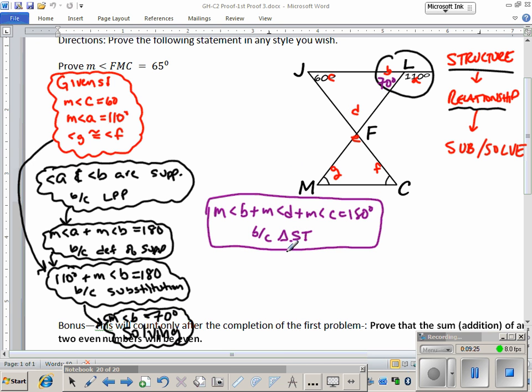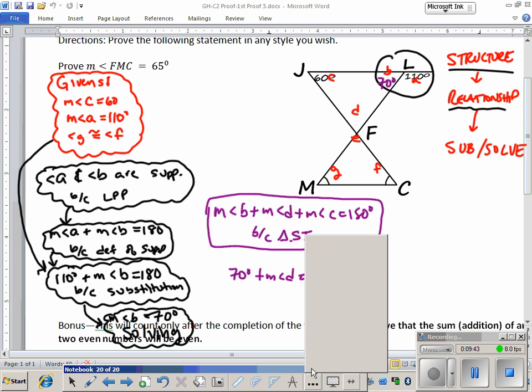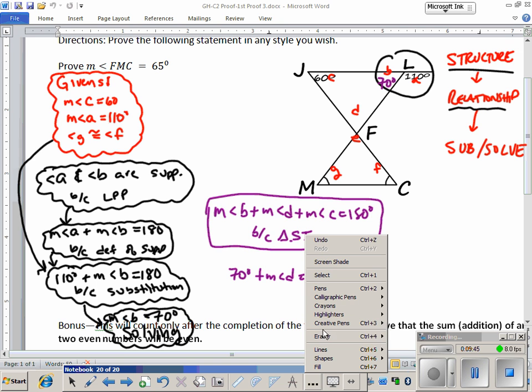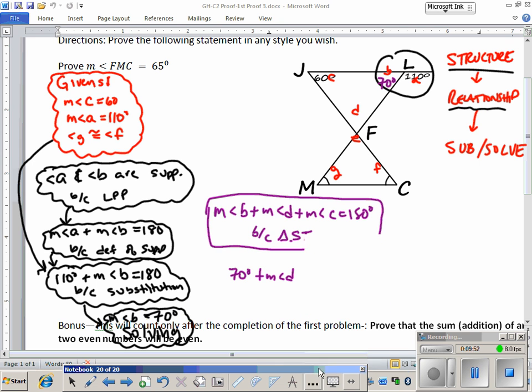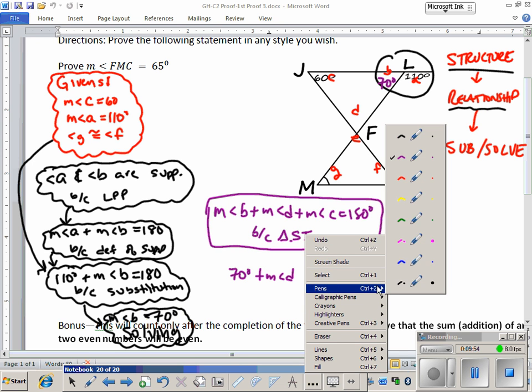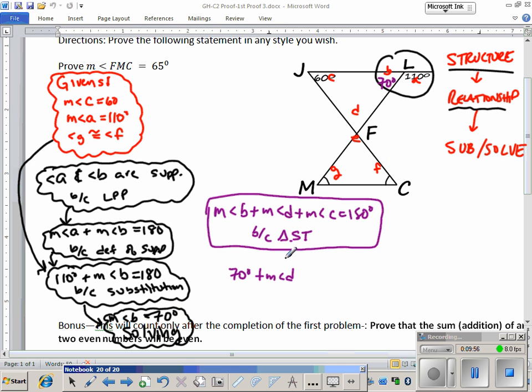Well, now I have a relationship, and let's do our substitute and solve step. Let's replace the values with the values we know. B we just determined is 70, so I'll write that as 70 degrees. Angle D we're trying to figure out, so we'll leave it at D. But the measurement of angle C was actually part of our givens.